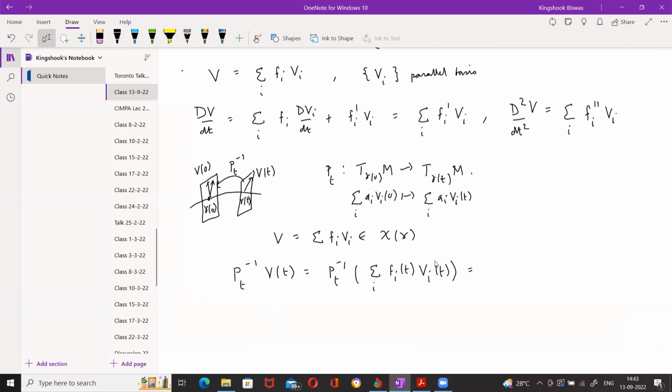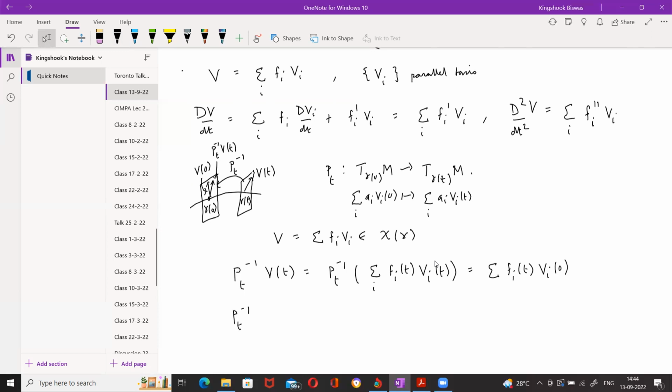So this is going to become summation f_i(t) v_i(0), right? So that's what this vector here is. This vector is V_0 and this vector here is PT inverse of V_t. Now these two vectors lie in the same tangent space at gamma 0, so I can look at their difference.